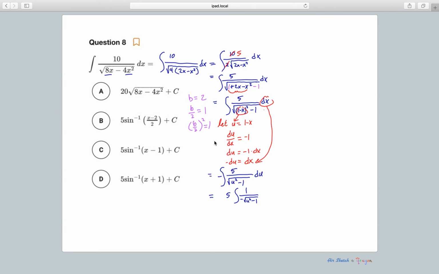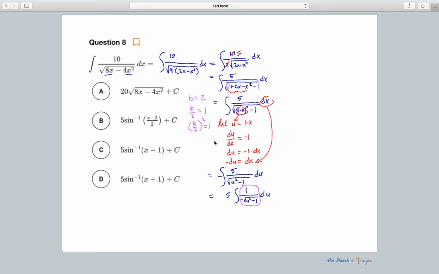So this is now a trivial antiderivative. And by that I don't mean it's easy. It's one that we should know. But it's also been a long time since we've done this. So just to remind you, the derivative of inverse sine is this, meaning the antiderivative of that expression is inverse sine.